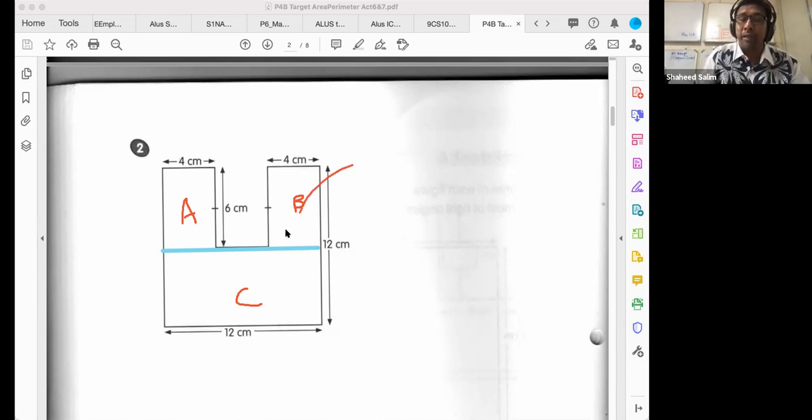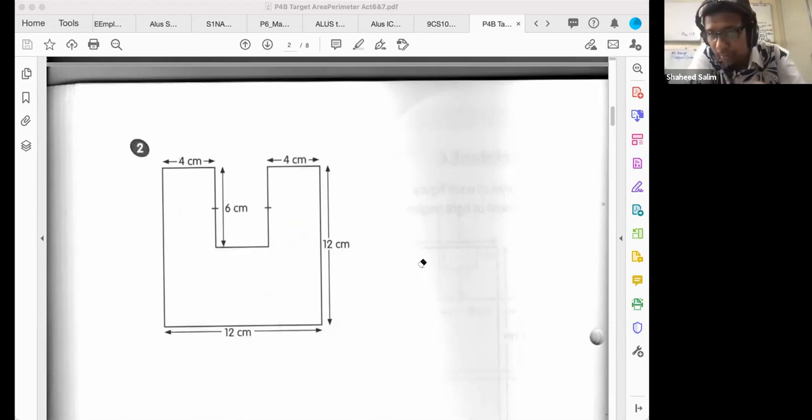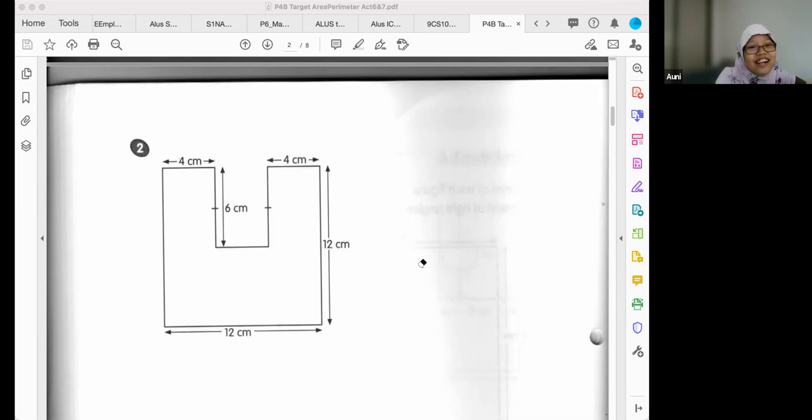We ask Auni, can you cut another way? That was one way. Can you cut another way? You know how to cut? Cannot hear you, Auni. You use on screen, you annotate lah. I want a different style from Umaira.